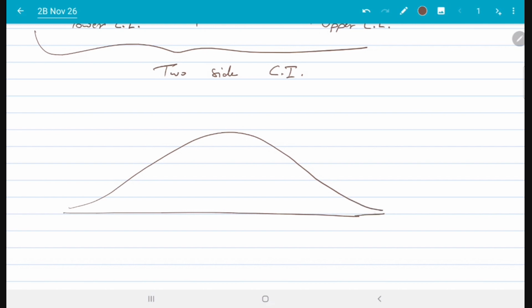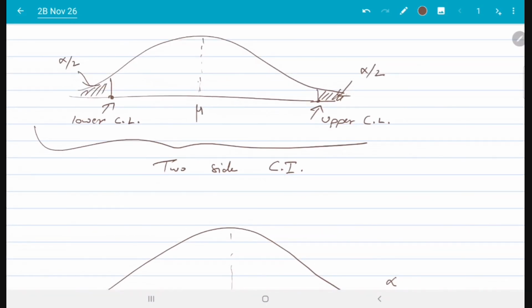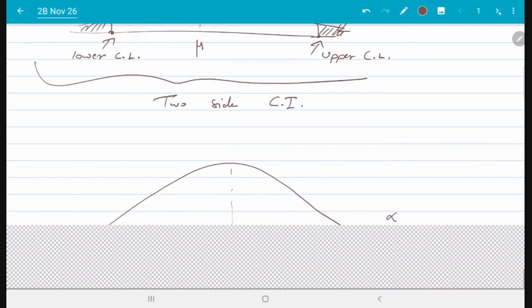If you have some knowledge about the problem at hand and feel that there's no chance of the actual value being lower than the true population mean, if because of randomness it's only going to move to one side, then you have to select upper confidence limit such that this area is alpha, not alpha by 2. In two-sided, we just take out alpha by 2 from both sides.